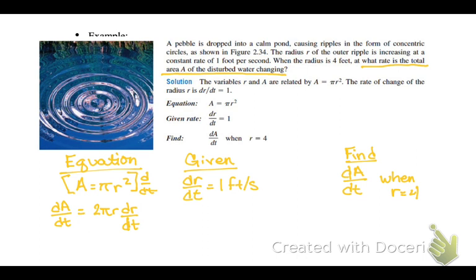So what do I know now? Plug in. dA/dt equals 2 pi times r, 4, times dr/dt, 1.